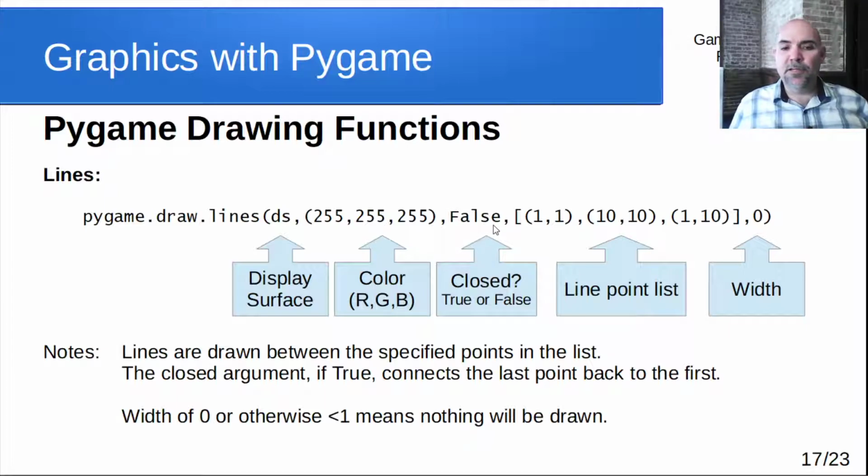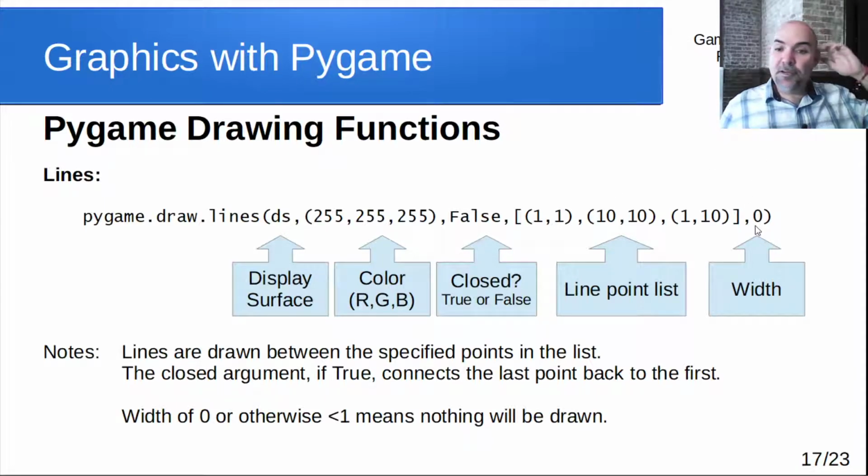If you put true, it'll connect the last one back to the first automatically. So it'll make a closed shape or an open shape. So if you put true here, this works the same as pygame.draw.polygon does. If you put false there, it basically just connects the dots from this to this and this to this, and then it stops. It doesn't connect that one back to the beginning.